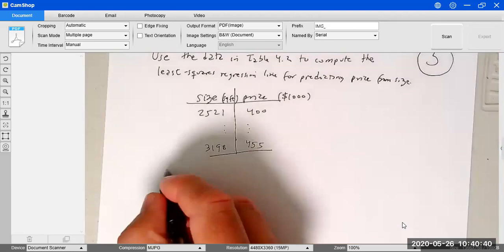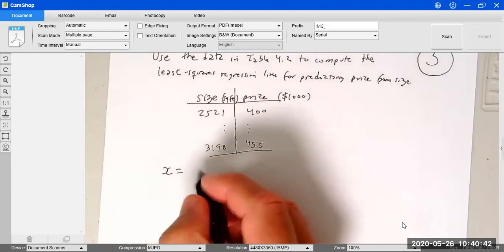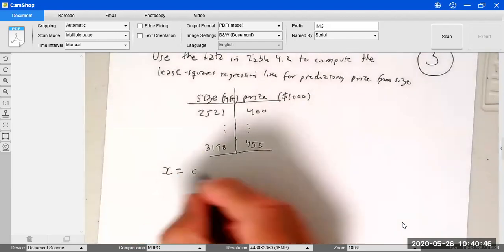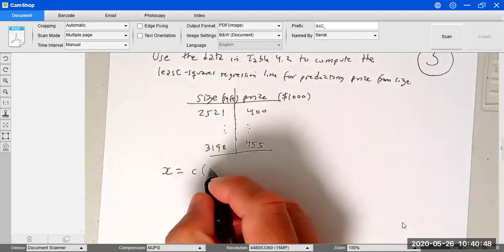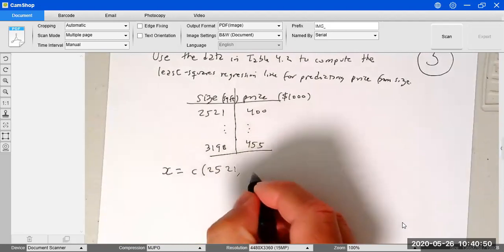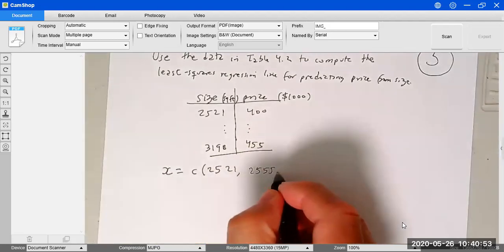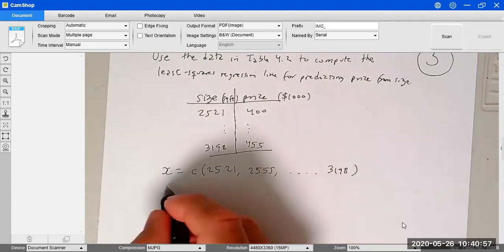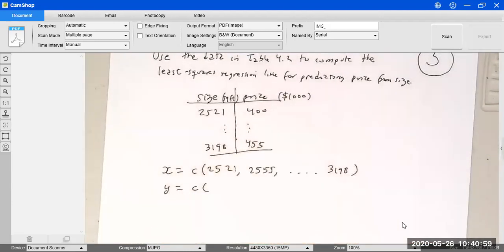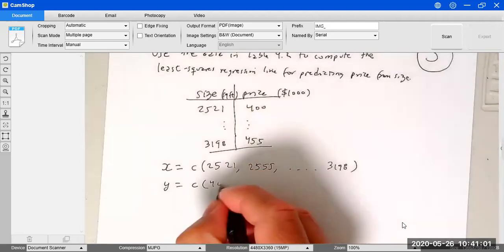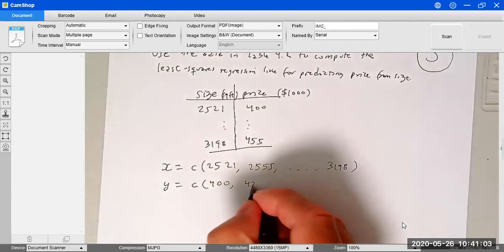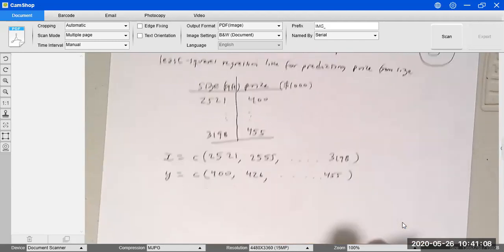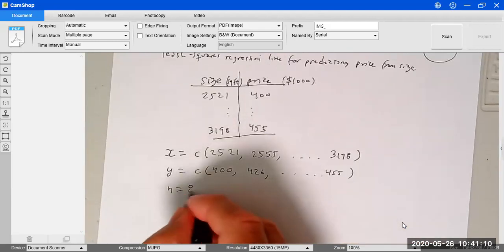I'm going to rewrite the first steps just in case you were starting this program from scratch. You need to enter the values for x, separated by commas, and then enter the values for y by using the lowercase c, parentheses, and the values separated by commas. Then we enter the number of data values.